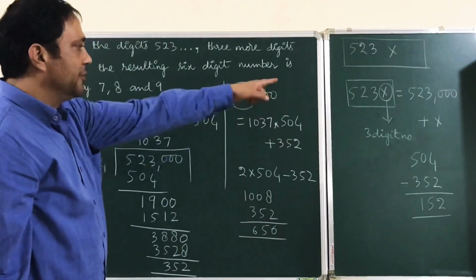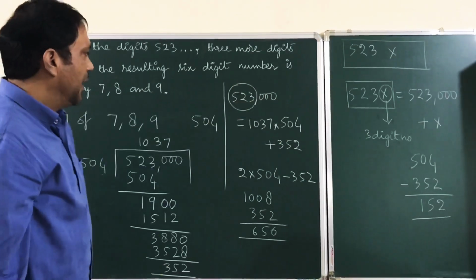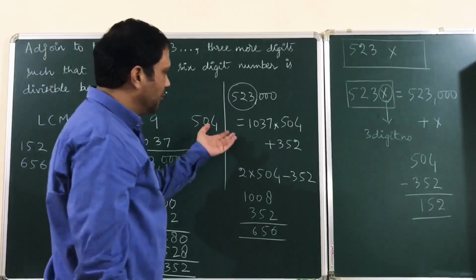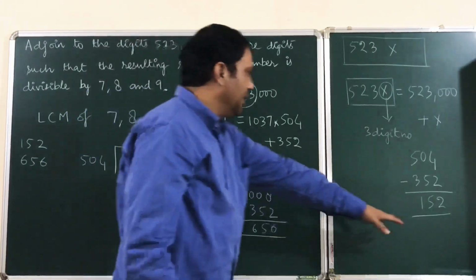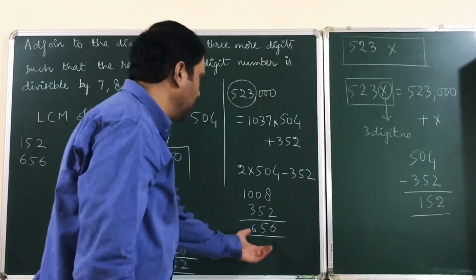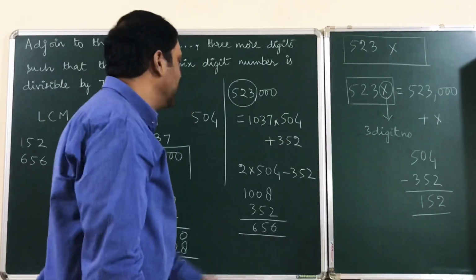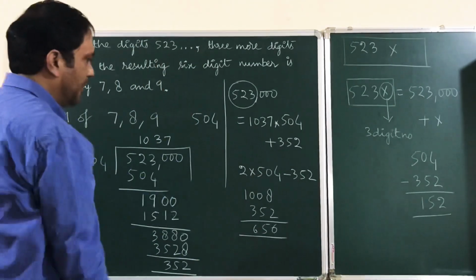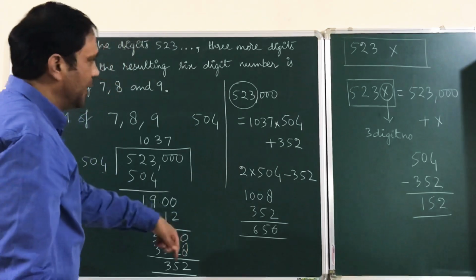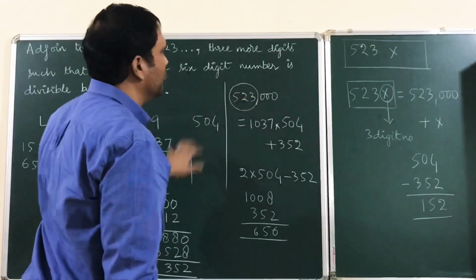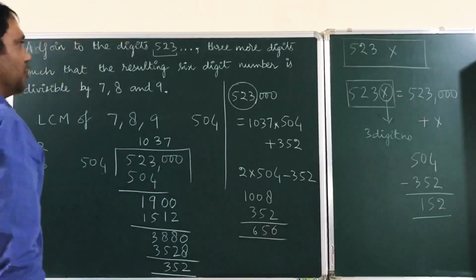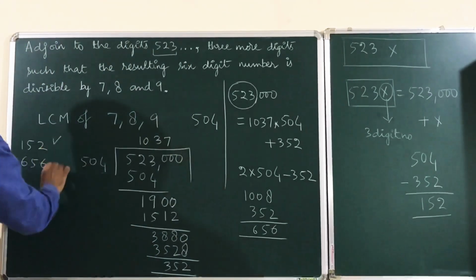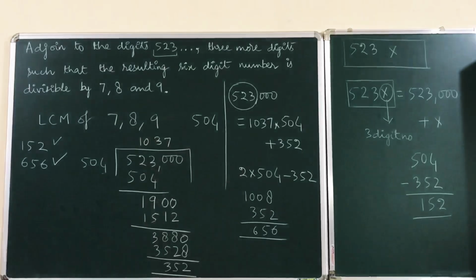And if we add one more 504, that structure of 523 will change, which you don't want, because you have to keep that 523 over there. So the two values are 152 and 656.